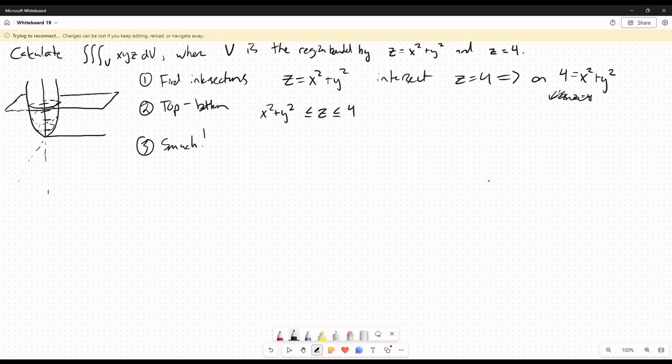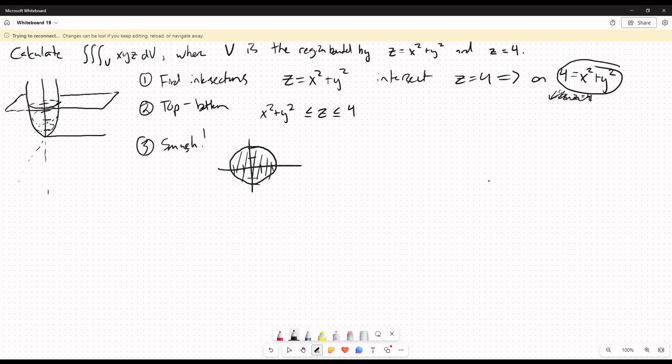I'm going to take this region that I'm looking at and smush it onto the xy plane. And when I do, that's where our intersection is going to come into play. So we smush it onto the xy plane and we get this nice picture, a circle of radius 2. This is what the intersection of those looks like. And specifically, we're going to be looking at everything inside of it.